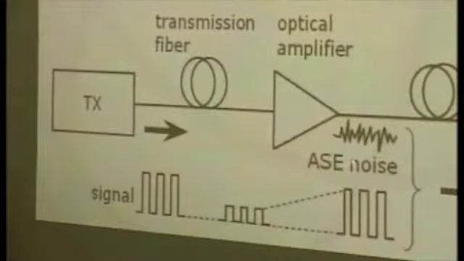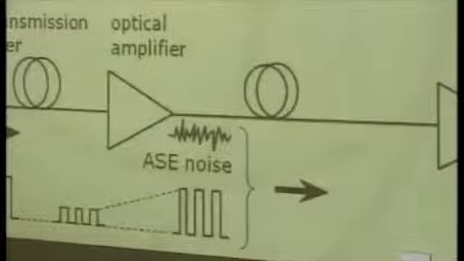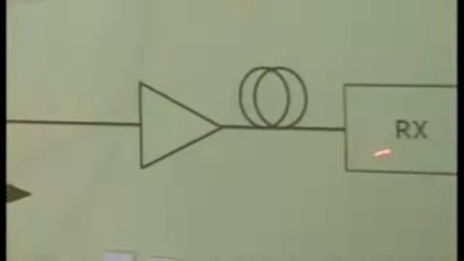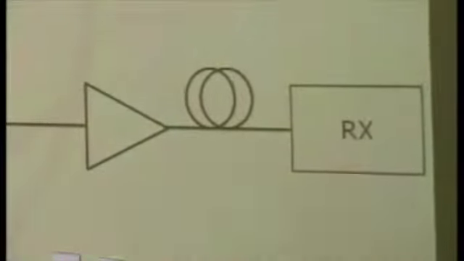But it also adds ASE noise, amplified spontaneous emission noise. And after repeating this process, the signal reaches the receiver. This is the very basic principle of the optical amplifier system.